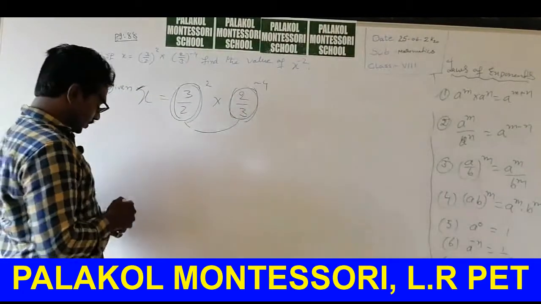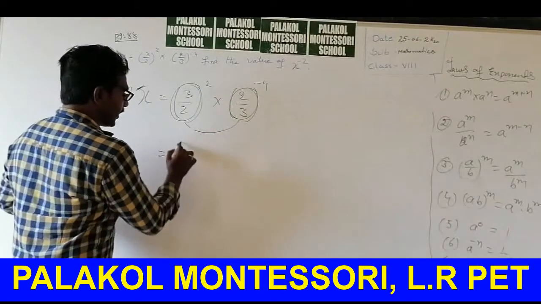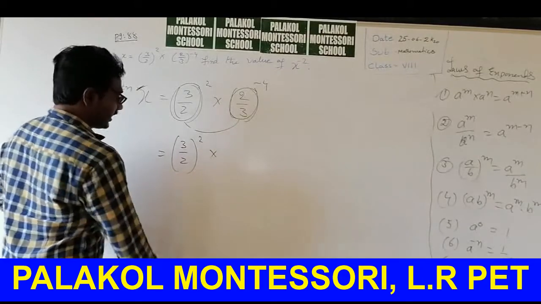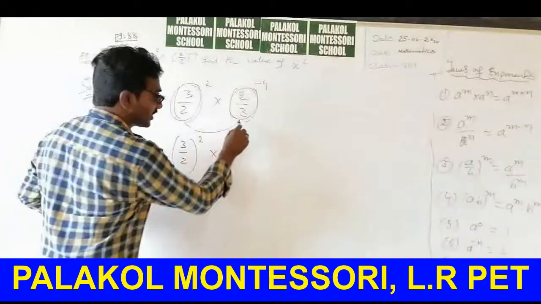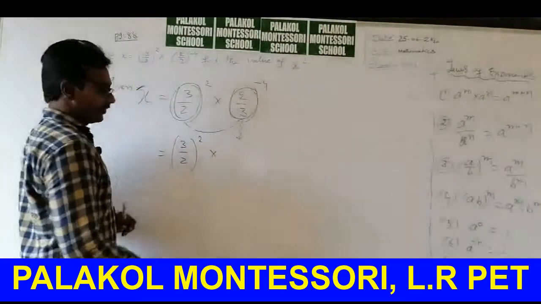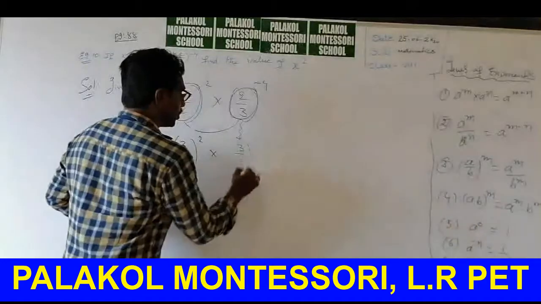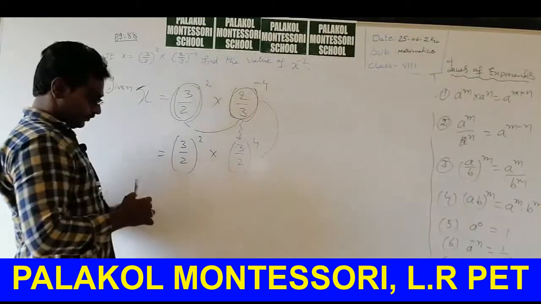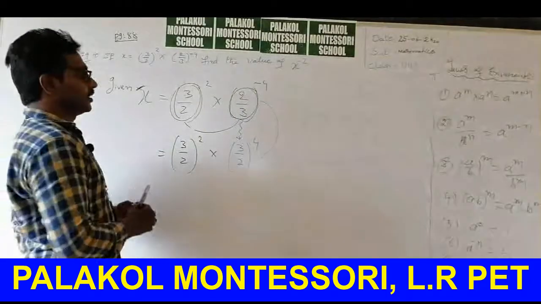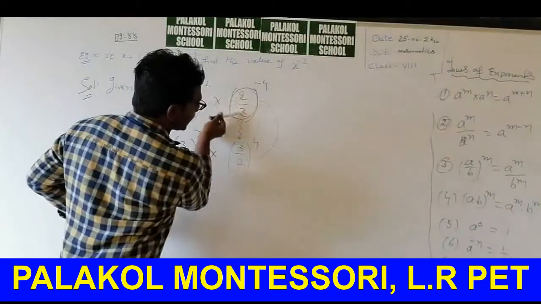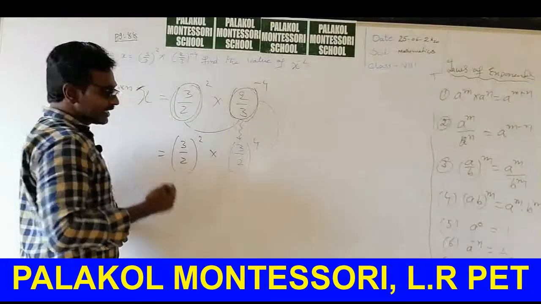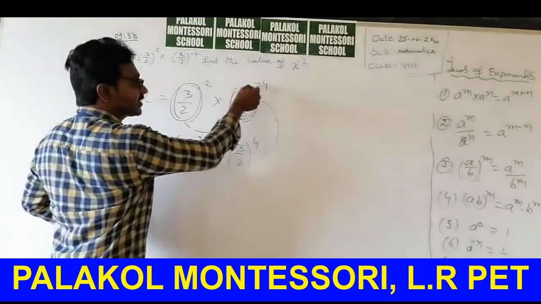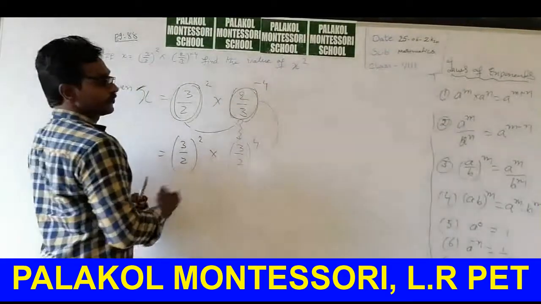See, I do this one: (3 by 2) whole power of 2 into, guys see, please observe this step, a very important step, (3 by 2) whole power of 4. What is the difference in this step? Actually, in this step 2 by 3 is there. I write it in the next step as 3 by 2. But in this case the power is minus 4.